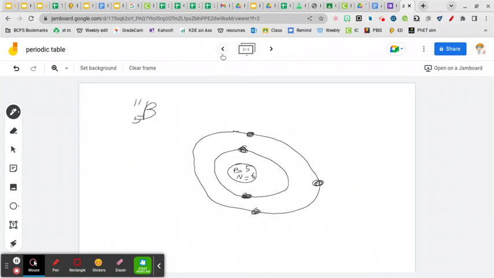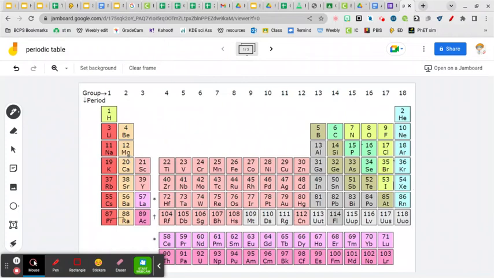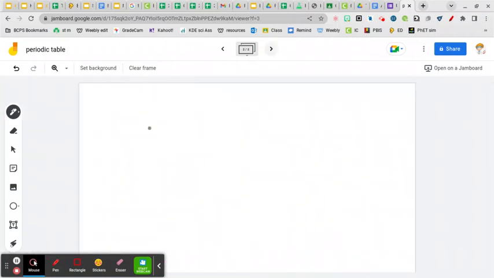Now, if I wanted something from the third level, let's say magnesium. Magnesium has 12 total electrons. Let's say it's magnesium 24.